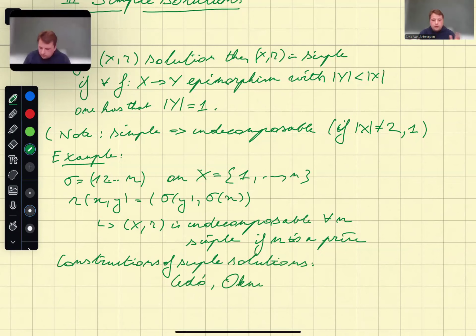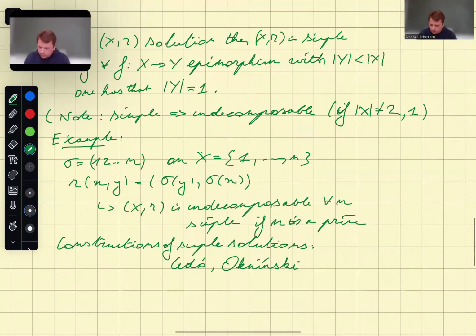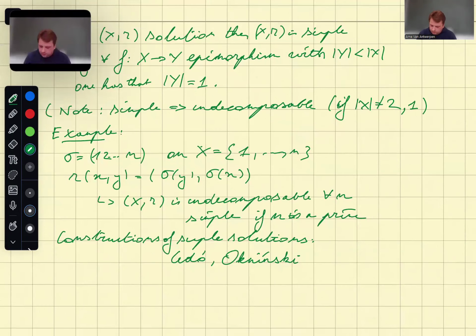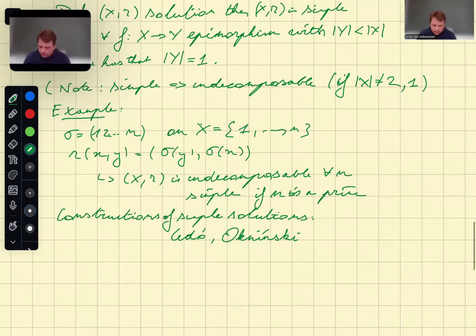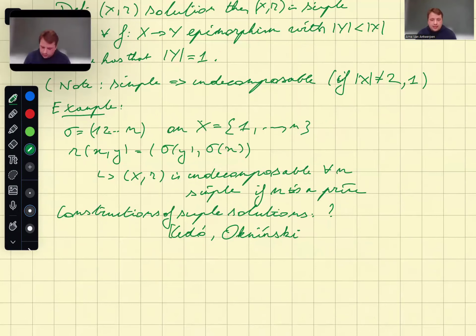But at the moment, there is no general framework for how to really obtain simple solutions. They have a few papers on constructing simple solutions. What we will be looking at is how to identify whether a solution is simple later on. But for that, we need another player, an algebraic structure, which is called a skew brace.